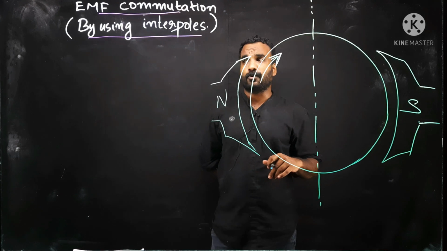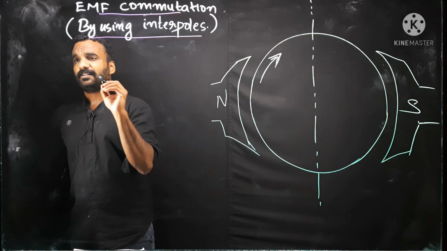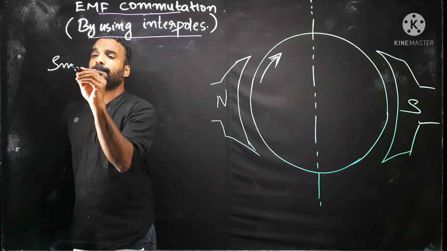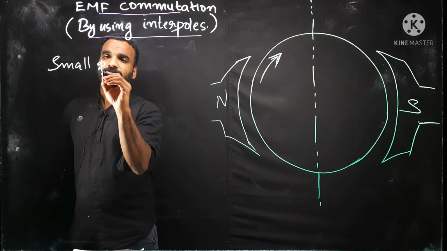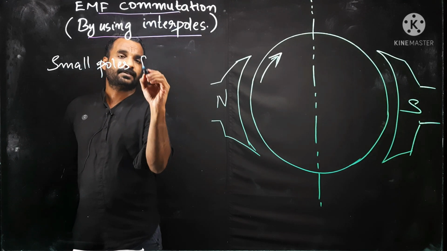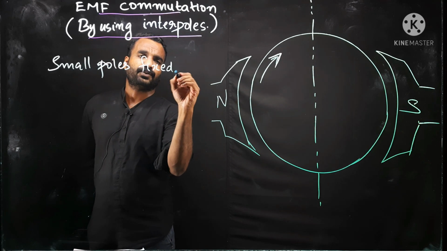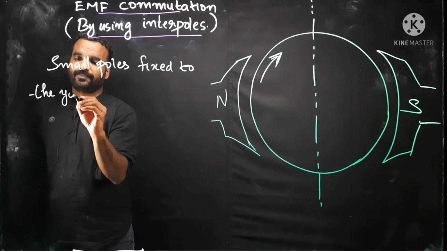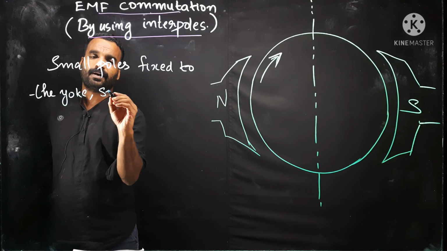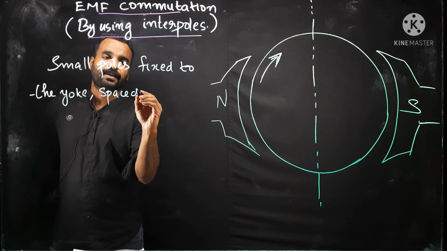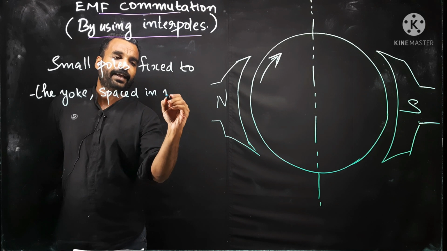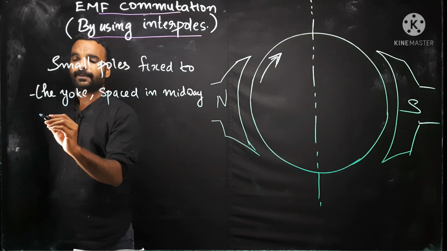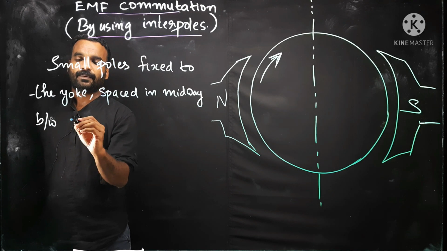Now, what is interpole? You have to write like that: Interpoles are small poles fixed to the yoke, spaced midway between main poles.